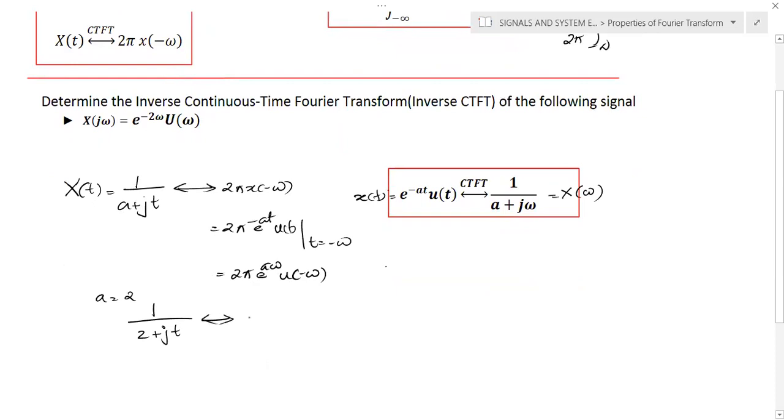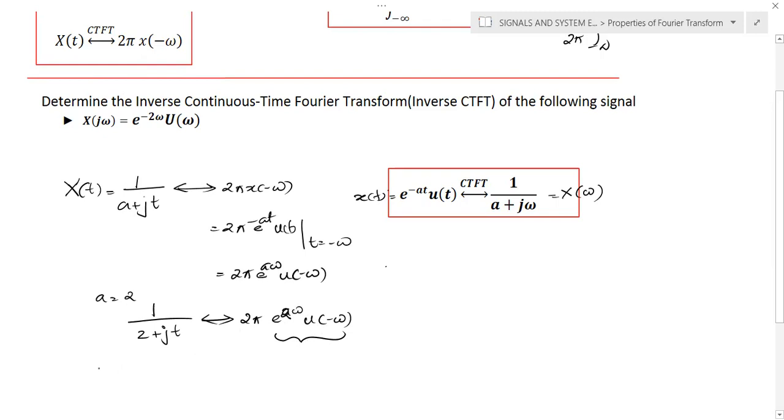It becomes 2 pi into e raised to 2 omega into u of minus omega. Okay. So assume that the constant a is equal to 2 in this particular question. And we need the inverse Fourier transform of e raised to minus 2 omega into u of omega. But actually in this particular question we got, here also a is equal to 2, e raised to 2 omega into u of minus omega. So if you change omega to minus omega, you will get exactly the same question.